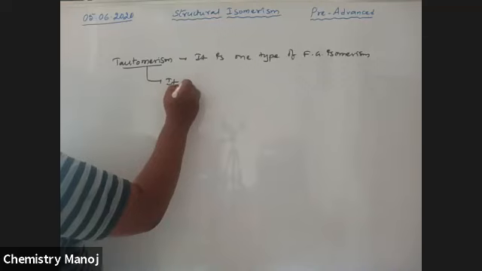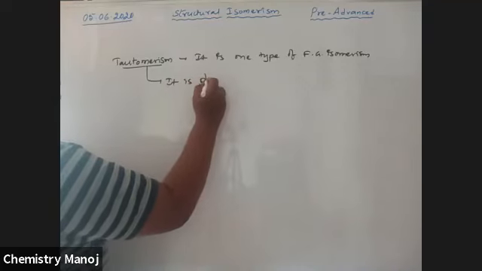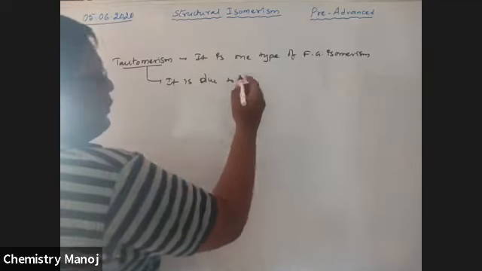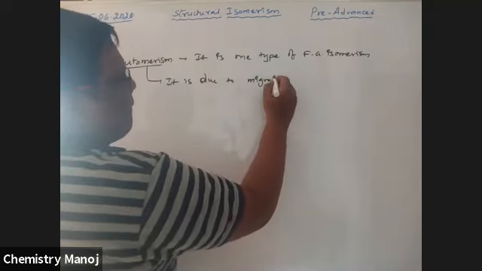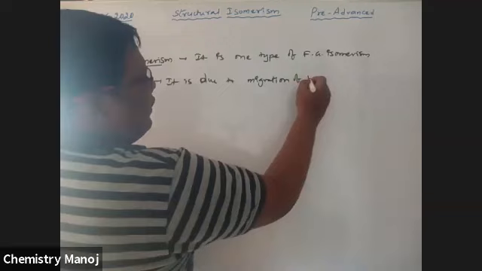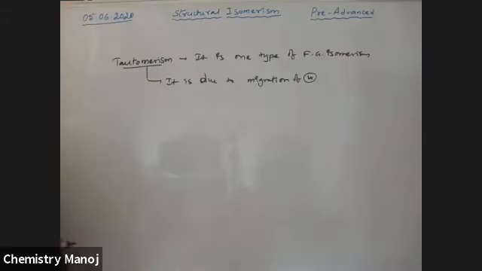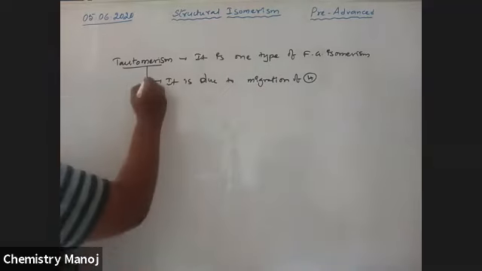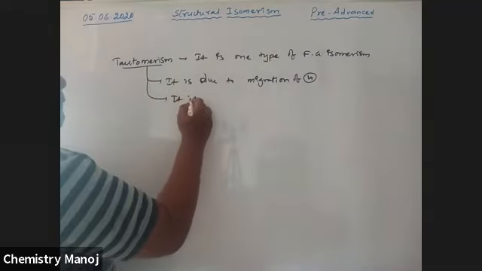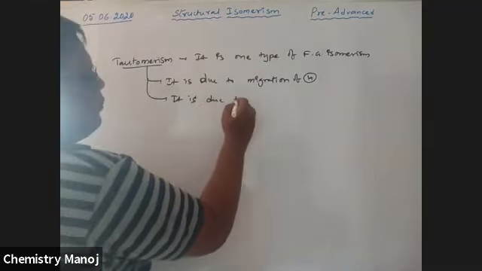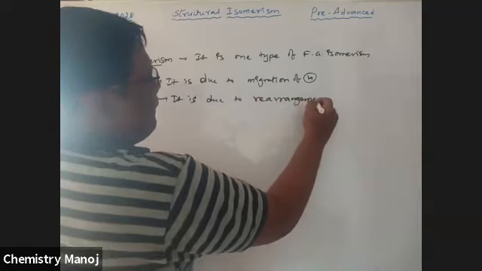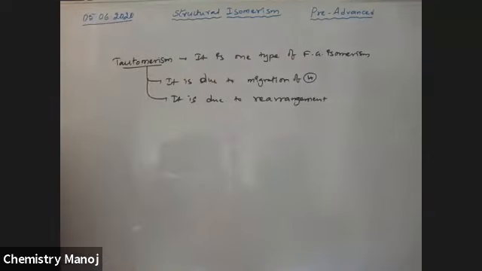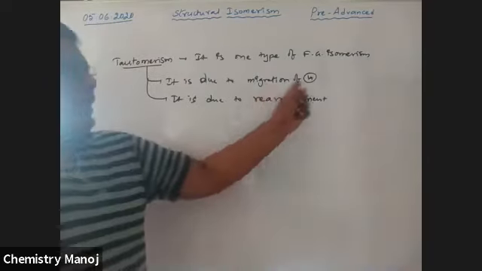It is due to migration of hydrogen from one end to another end. That means it is due to rearrangement, that is, the molecule itself is rearranged. That rearrangement is nothing but migration of hydrogen.